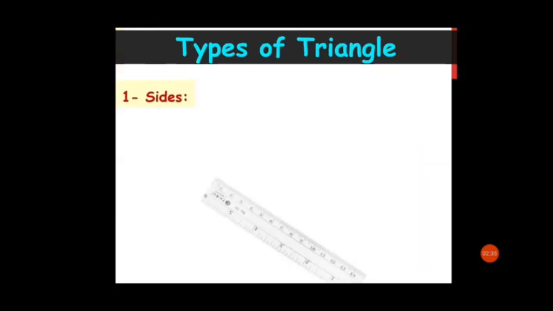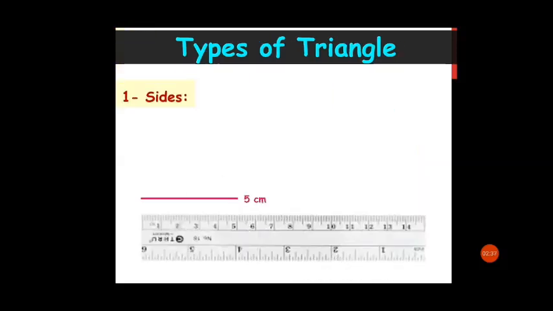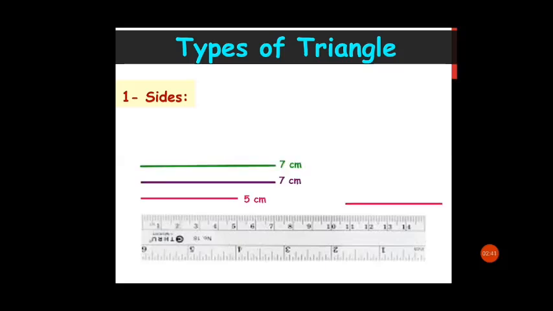The second assumption we might have is that only two sides are equal, and the third one is different from them. So let's use these sides in order to draw our triangle. In this case, we have only two sides equal. We put dashes like this in order to refer that only two sides are equal.